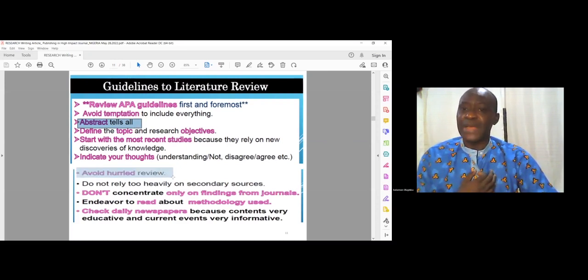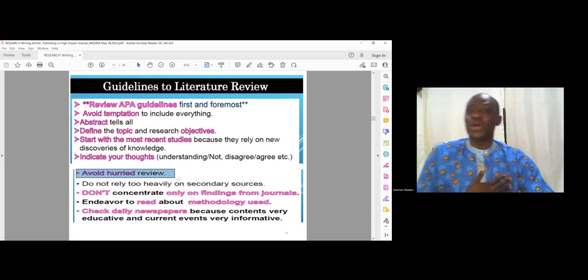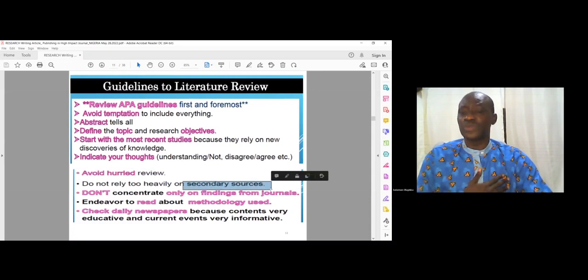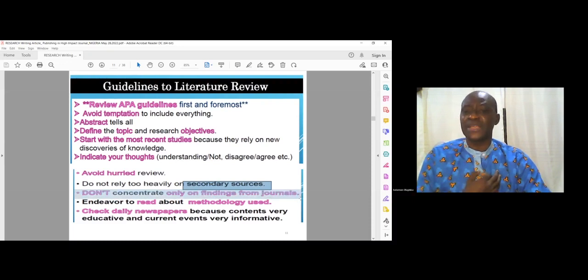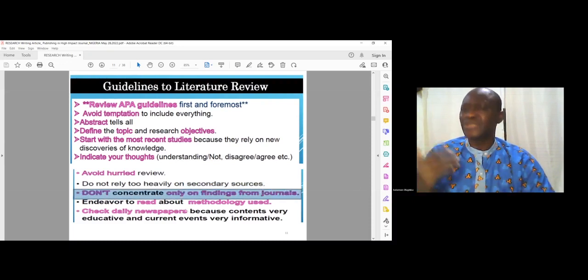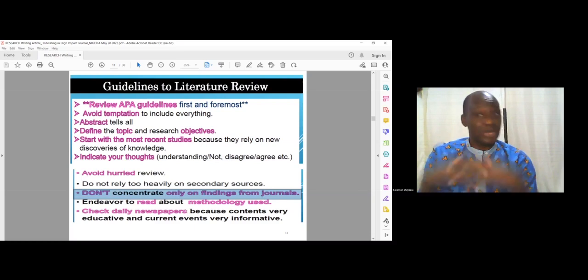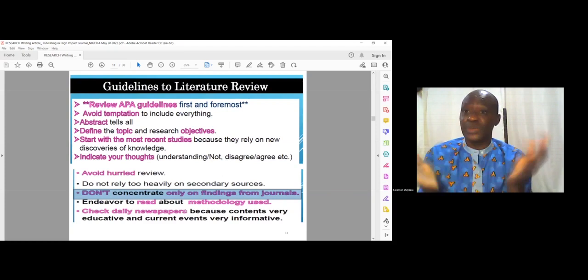If we have a planned time, you don't need to do the review in a hurry if you already plan your time. Do not rely on secondary sources too much. Do not concentrate only on journal findings. You can still use newspapers. You can read them online if you cannot get the newspaper hard copy.